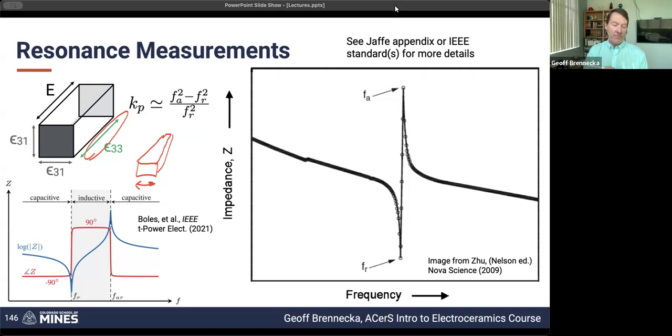But you'd also want to do the same thing in that direction. Because if you have a constant cross section in either of those, you're going to get resonant modes that come in from that. So one example where this comes into play is these piezoelectric resonators, which serve as electromechanical filters in your cell phone.